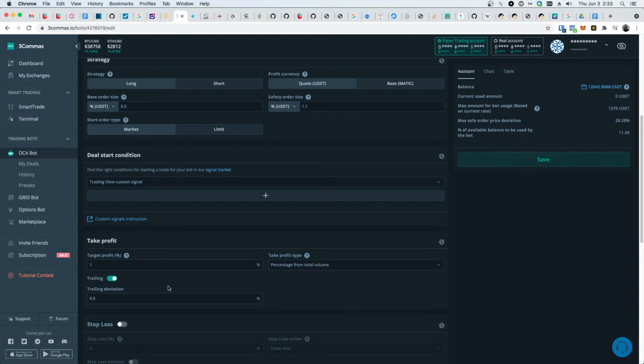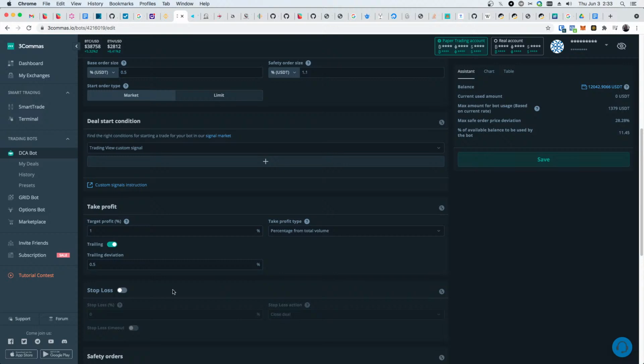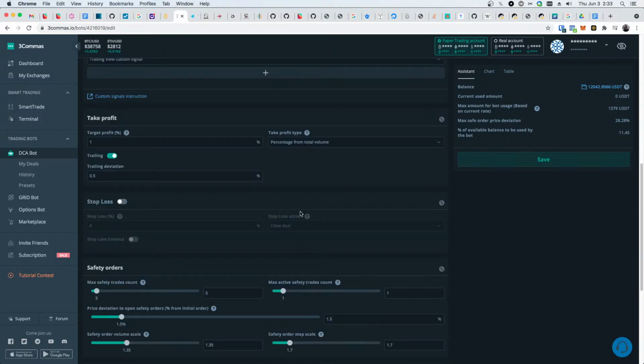So if the price keeps going and going, it's going to trail that stop up at 0.5%, then at 1.5%, and at 2.5%, and eventually when the price pulls back and touches your trailing stop, you're out. And I do not have a stop loss.